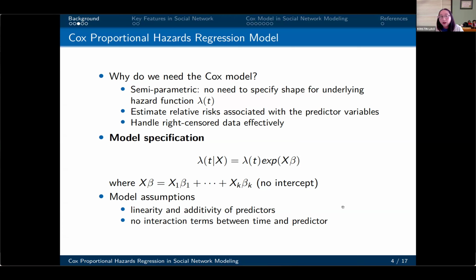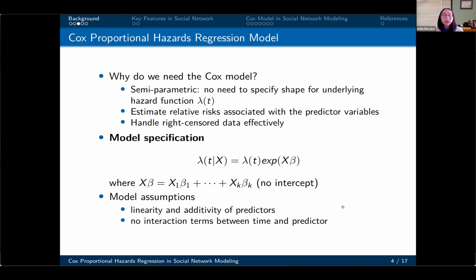The exponential form of predictor variables helps us evaluate the relative risk given predictor values without worrying too much about the underlying distribution of lambda t. The Cox model is specified in a similar way to the parametric model: lambda t given x equals lambda t multiplied by the exponential of x beta, where x beta is a linear combination of predictors and their effects with no intercept term.